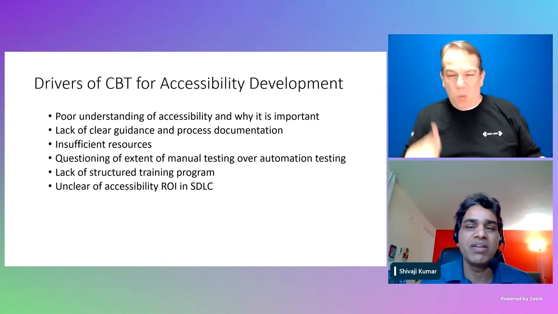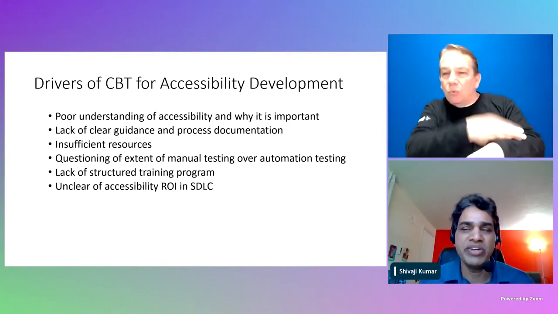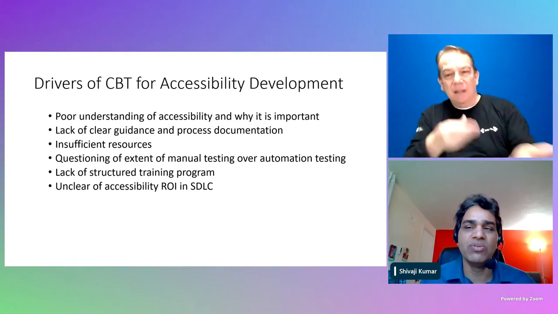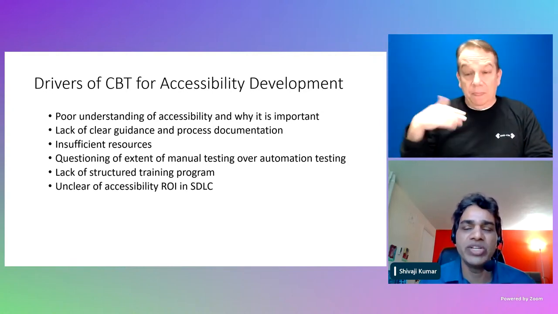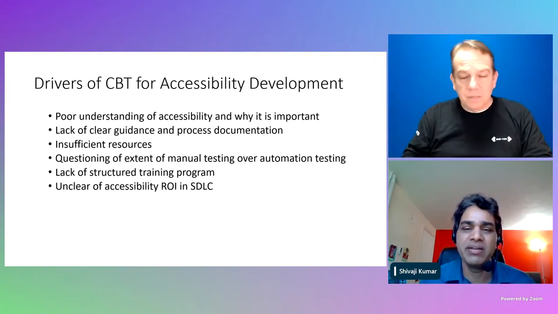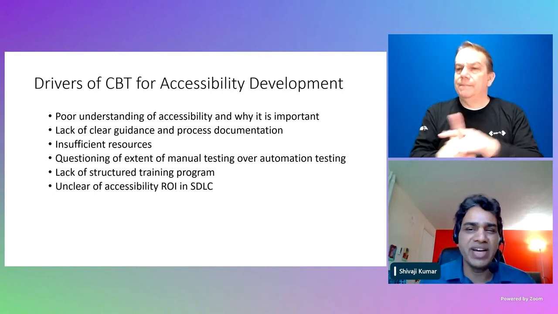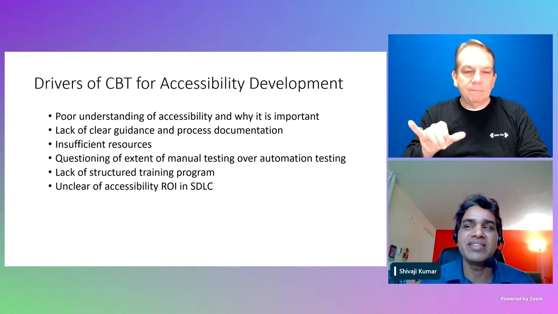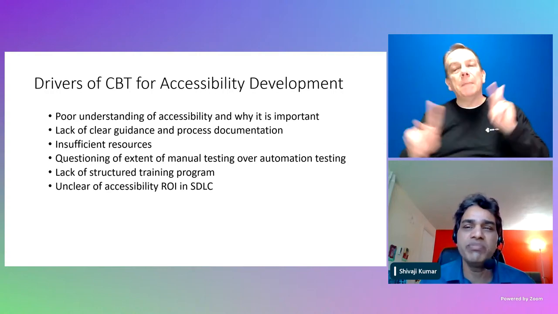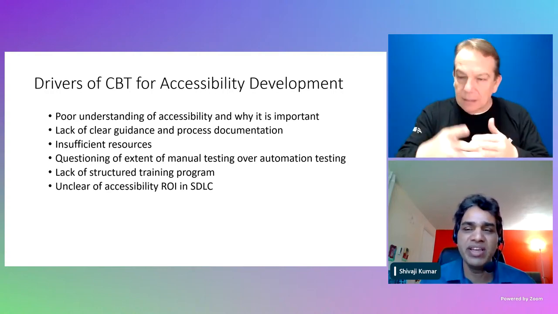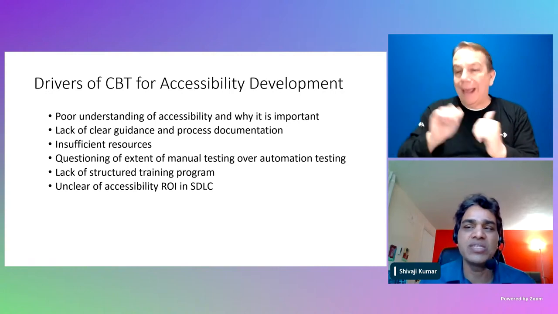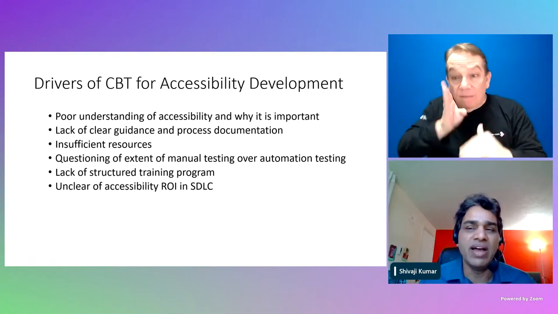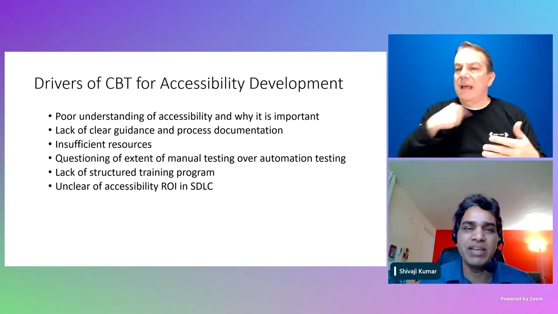How does it help? Why do we need to spend resources on this? So that was one question that was coming up again and again. I also found that there was a lack of clear guidance and documentation of what we should be doing, how we should be doing, and where would it take us when we actually executed what we were telling people to do.